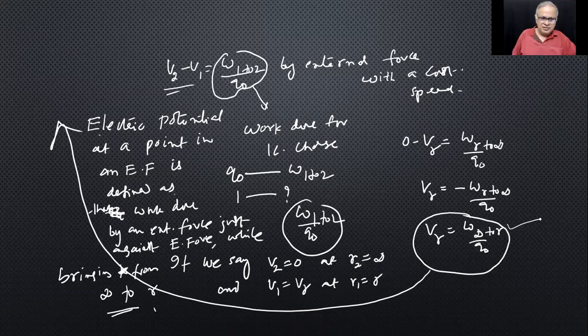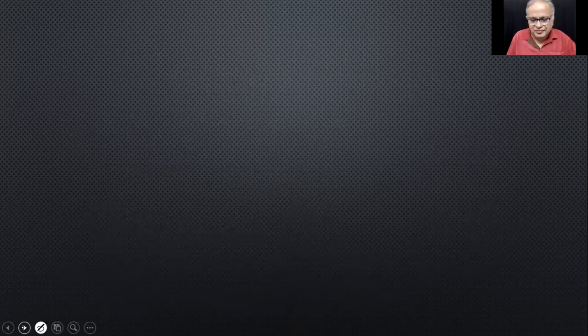Property of what? Property of the source charge, source field. So by defining it as work done per unit positive charge, we make it a property of the field rather than which charge is being brought.